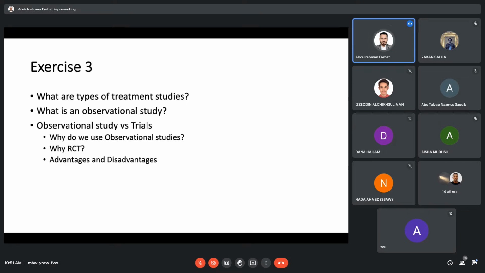It's even above all the observational studies. And what comes above that? It's the gold standard. Yeah. What comes above that is what we call systematic review and meta-analysis. Okay, that's just extra information for you guys. So that's the advantage of RCT and observational study.